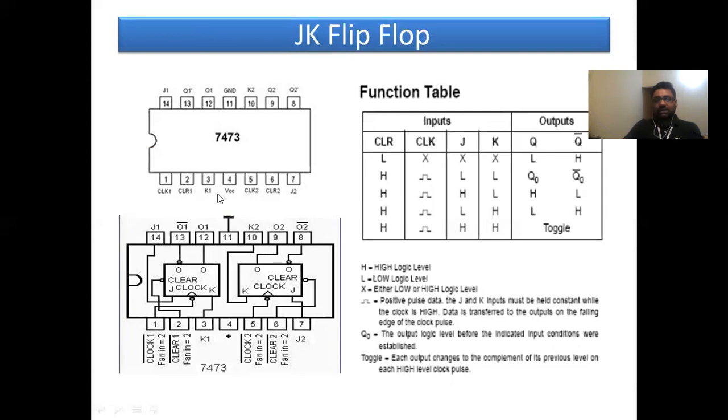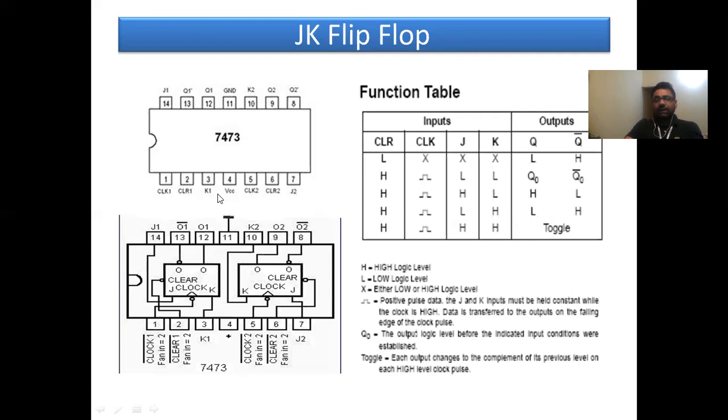That makes 5 pins, and apart from that we have preset, mostly for whenever you want asynchronous operation of the flip-flop. That means when you do not want the clock to operate, but rather forcefully want to reset the flip-flop. For that reason, there is a clear pin, an asynchronous pin, which is the sixth pin.